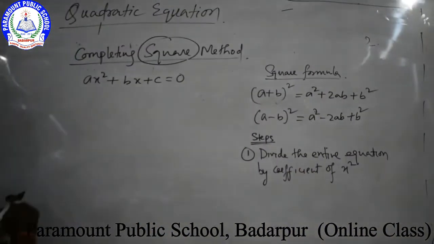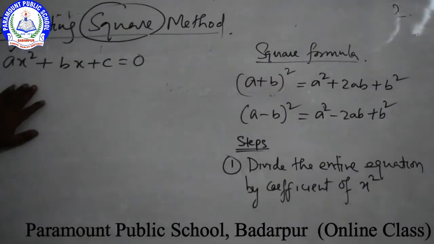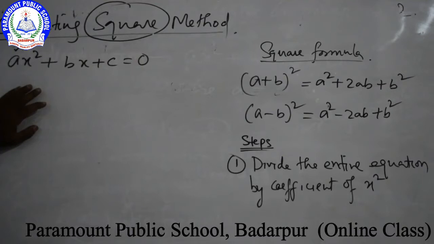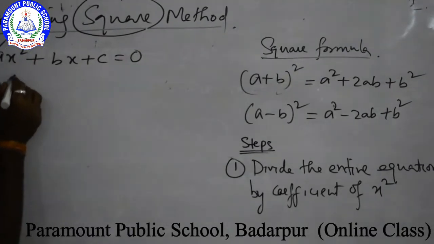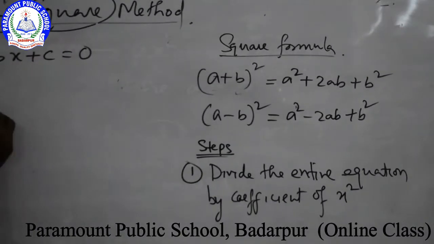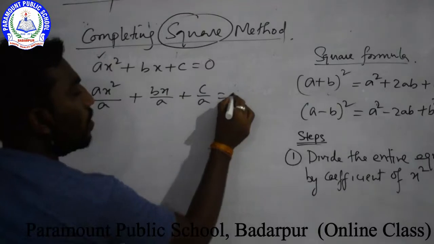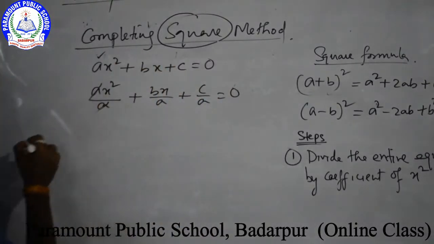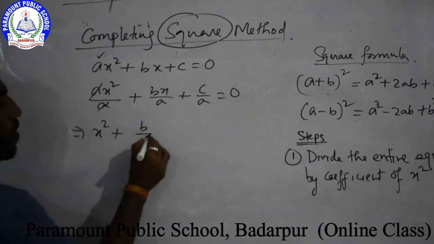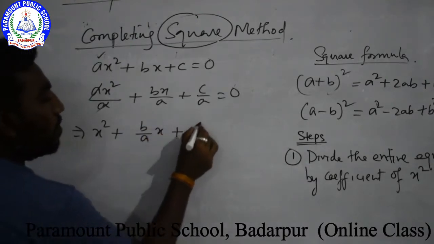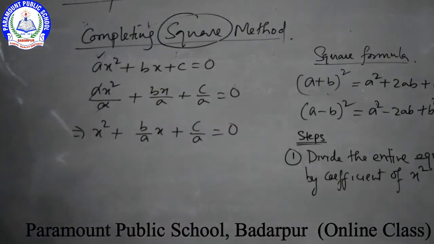Here our coefficient of x square is nothing but a. So let us divide the entire equation by a. So this a gets cancelled. It becomes x square plus b by a into x plus c by a is equal to 0.